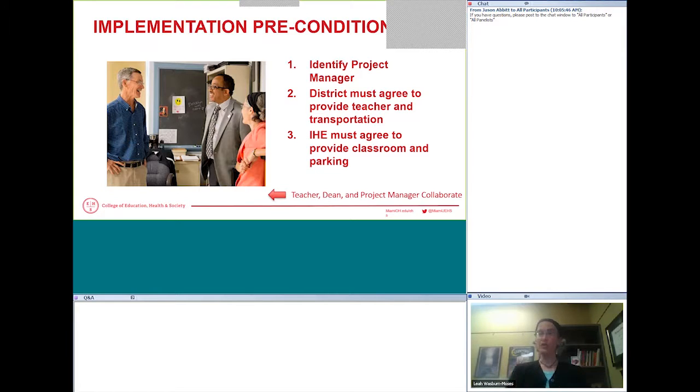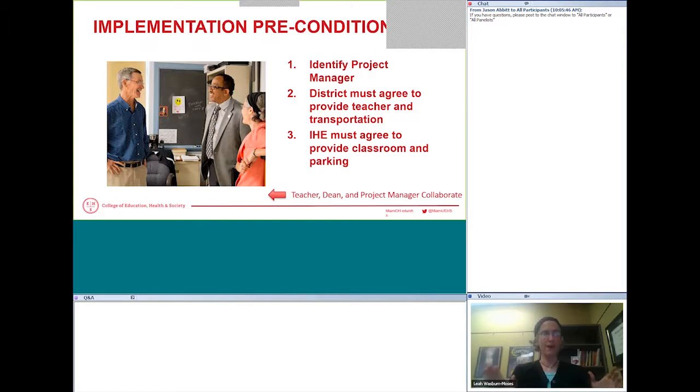So first, you need a project manager, and clearly I'm serving in that role here, and that's somebody to coordinate. Could you have a project manager who is a high school employee? Absolutely, you could. I think there are strengths and weaknesses to having a project manager from both sides, but especially at the beginning, there are a lot of pieces to put together.